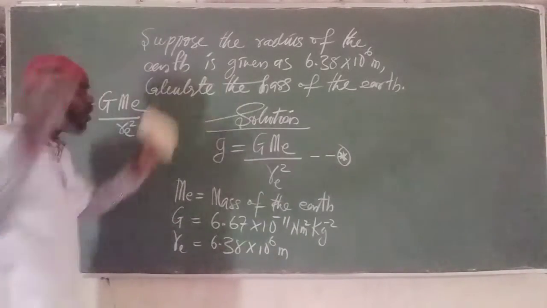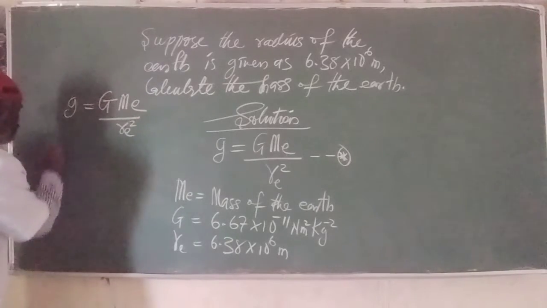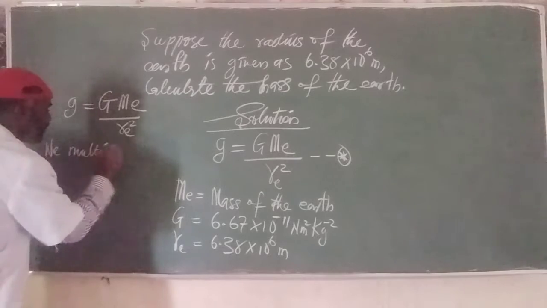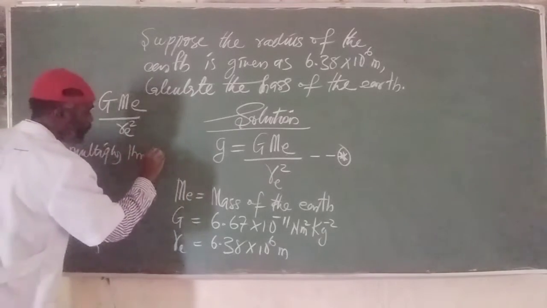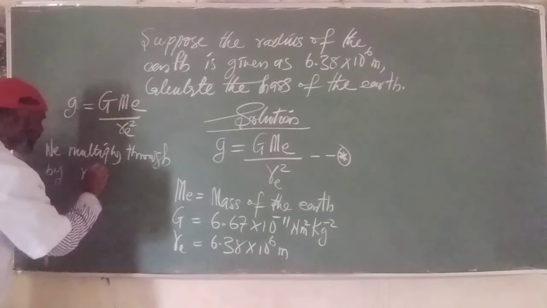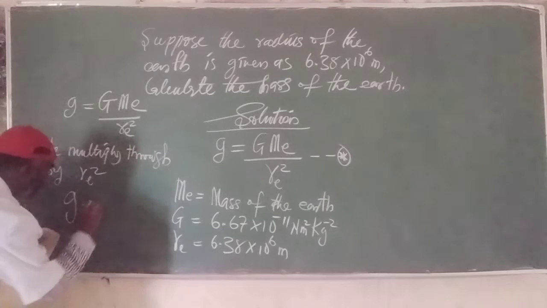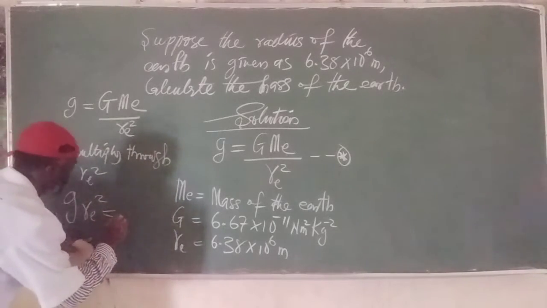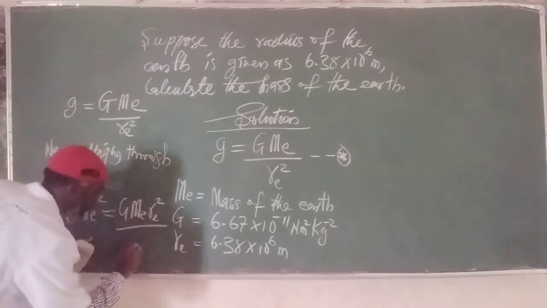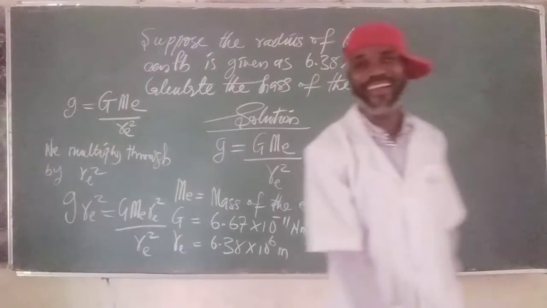So let's multiply all through by RE squared. That will give g RE squared is equal to G ME RE squared all over RE squared.